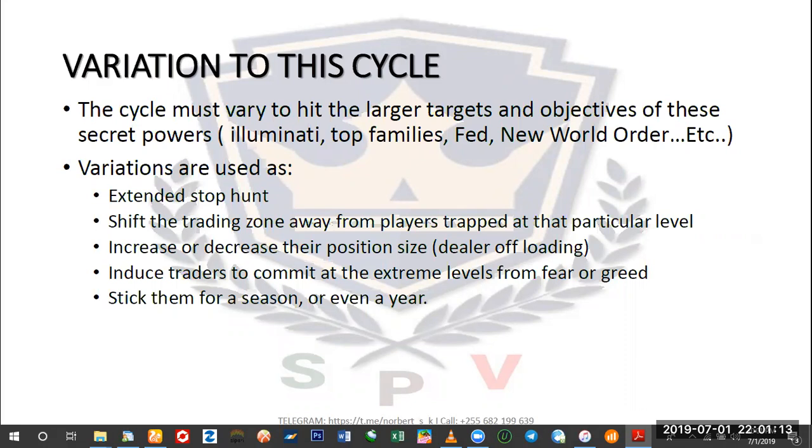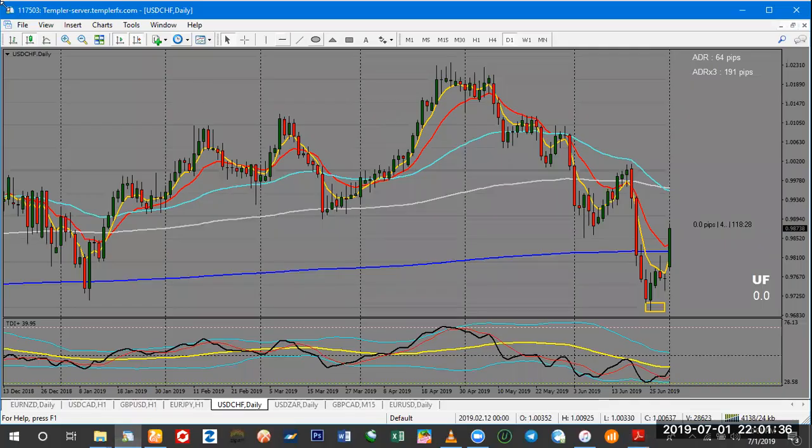So you should be aware that the cycle varies. It's not as simple as it looks. So the variations I use are extended stop bands, especially when the stop band is in a higher time frame. Like gold, what is gold doing right now?